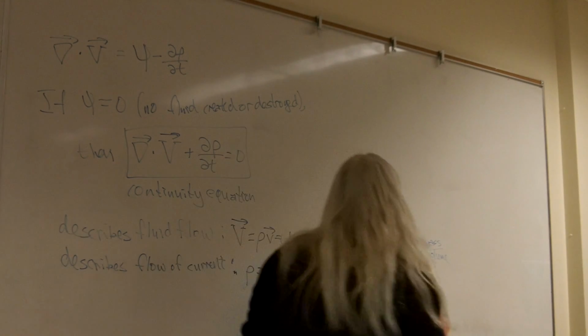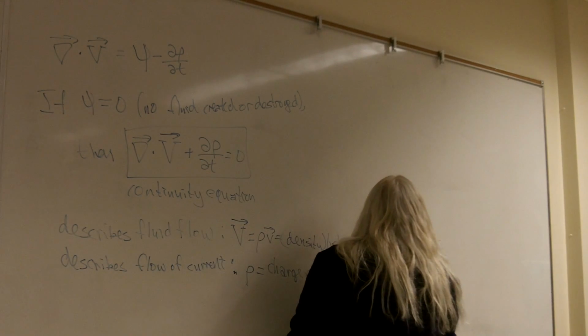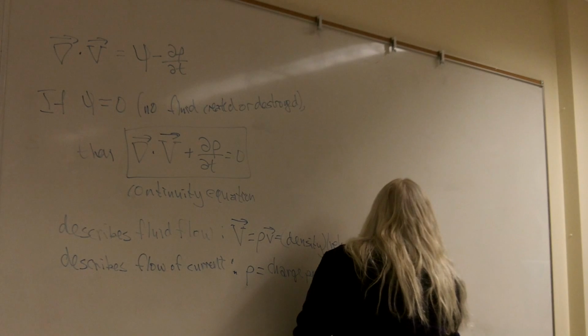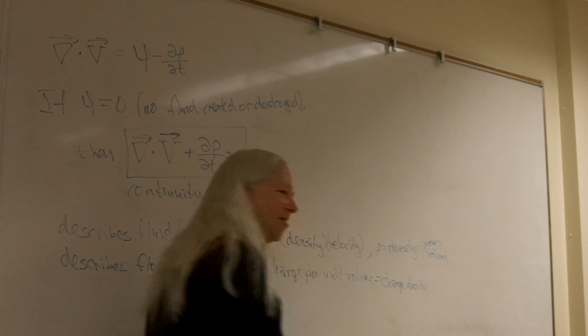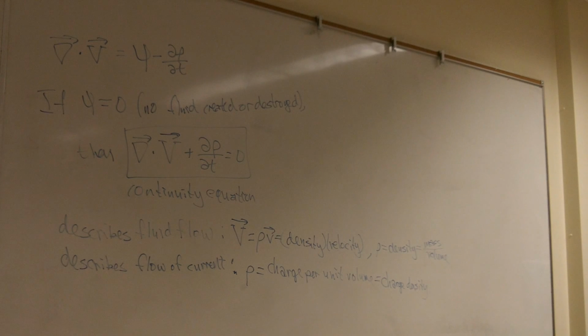Or in other words, a charge density. Right? Whenever you hear the term something or other density, it basically means whatever something or other is divided by volume. Right? Charge density is charge per unit volume.